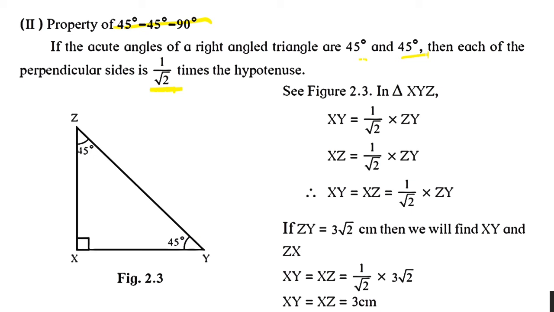See figure 2.3, in triangle XYZ, to find the value of XY we have XY equal to 1 upon root 2 into ZY, where ZY is the hypotenuse. Similarly, to find the value of XZ we use 1 upon root 2 into ZY, again the hypotenuse. Therefore XY is equal to XZ, which is equal to 1 upon root 2 into ZY.